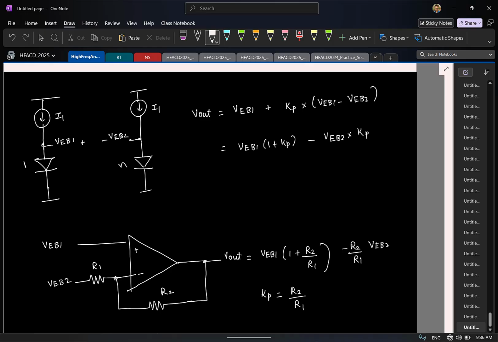But I assume that this gain is a constant Kp, right? Now I have Kp as R2 by R1. Do you think this gain will change with temperature or not? Why? Yes, resistance value will change with temperature. But here the gain depends on the absolute value of the resistor or something else?